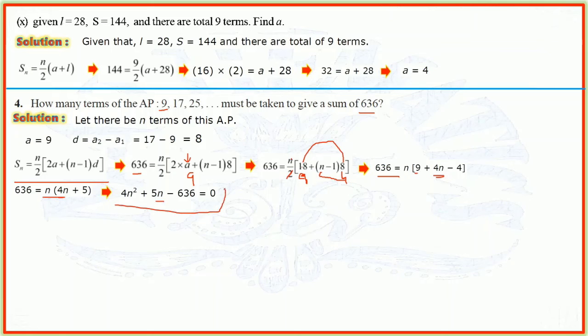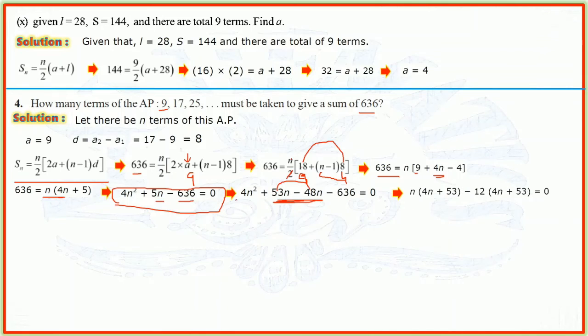Again, this is quadratic in n, so we'll go for the factorization method. 4n square plus 53n minus 48n. 53 minus 48 is 5, and if you multiply these two, you will get minus 636 into 4. So that is the correct division.